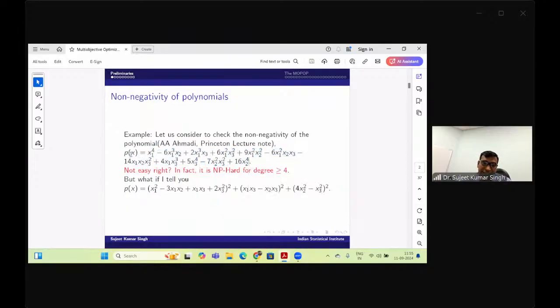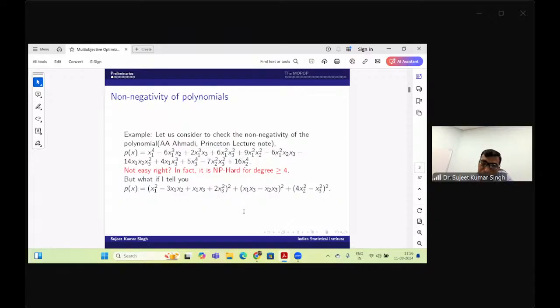So the point is that if you can express a polynomial as a sum of squares of different polynomials, then one can easily conclude that the polynomial is non-negative. Such a representation of a polynomial is called a sum of squares polynomial. That means representing a polynomial as a sum of squares of different polynomials.